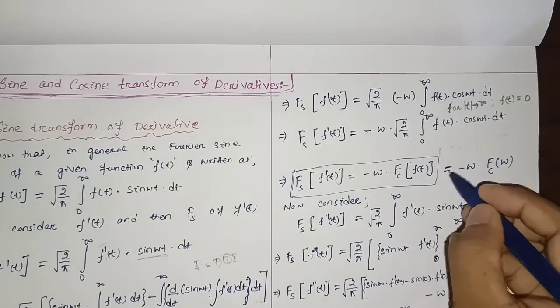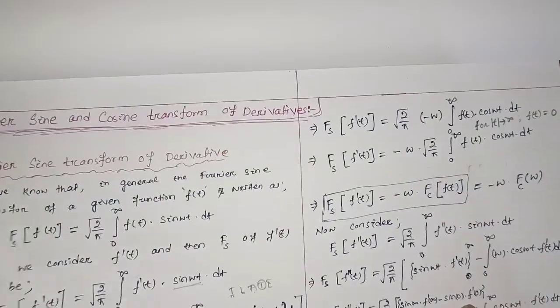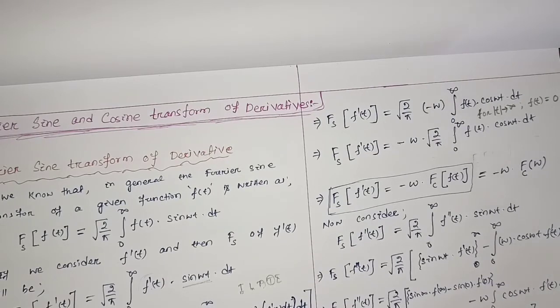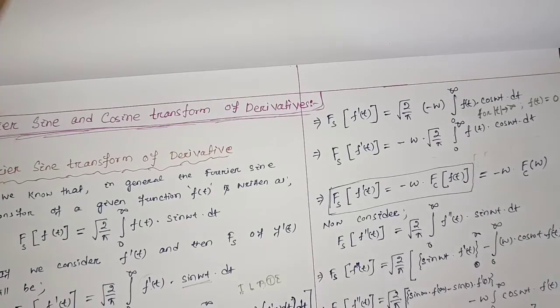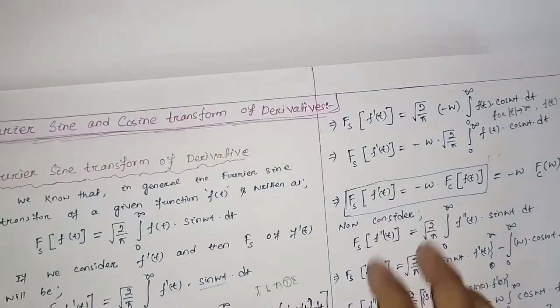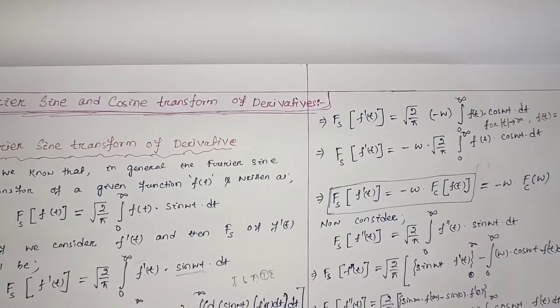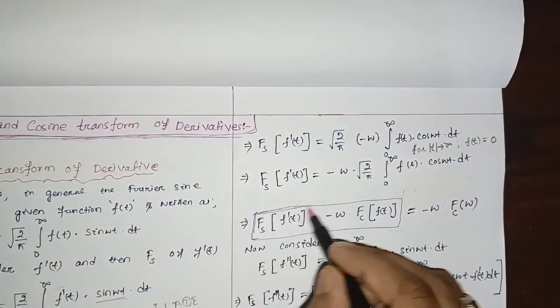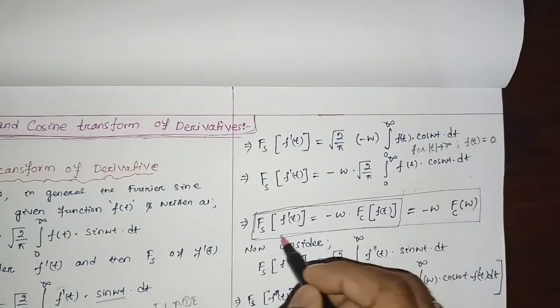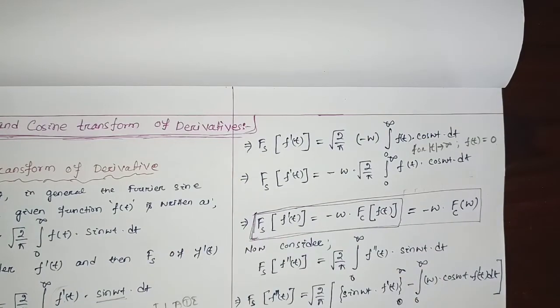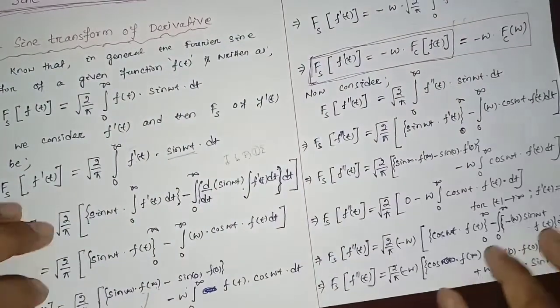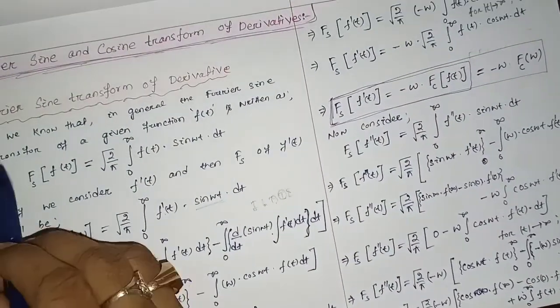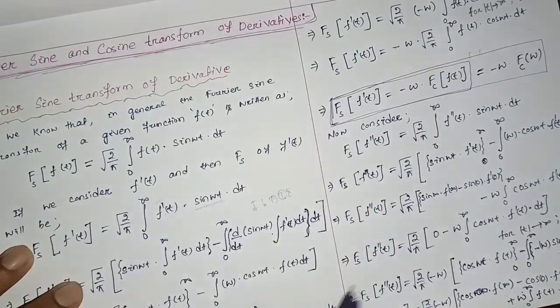Also I suggest that you just remember this expression. This is also essential whenever we are going to discuss the application part of the Fourier transform. So here we have to stop our discussion. In our next class we are going to discuss the Fourier cosine transform of derivative.